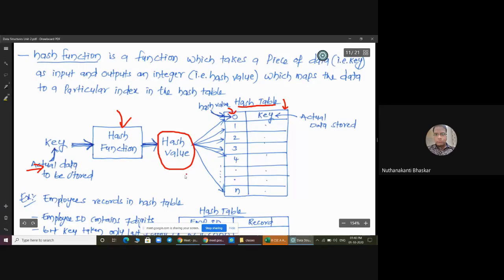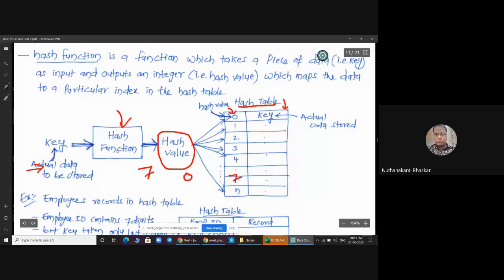If it generates 0 for your input, the input is stored at index 0. If it generates 7, the input is stored in the hash table at the record of 7. Always it depends on the hash value. The hash value is nothing but a converted value from the input with the help of the hash function.